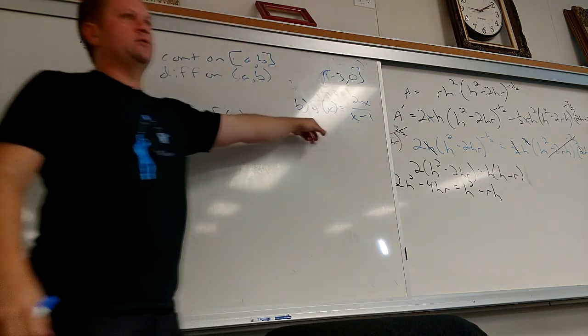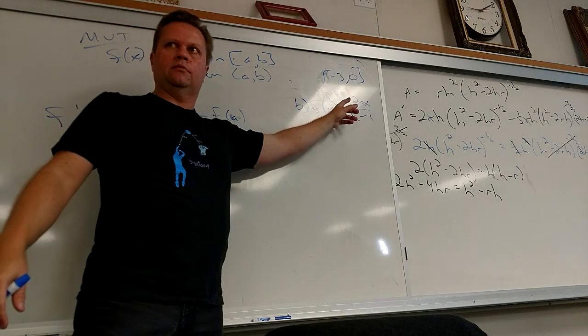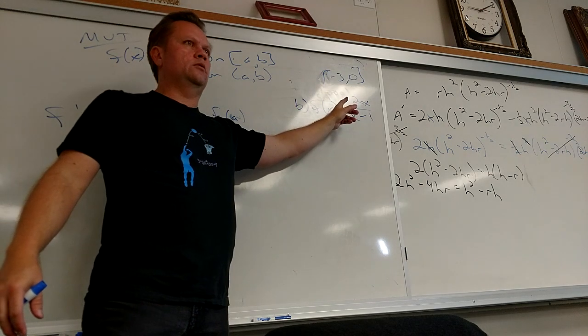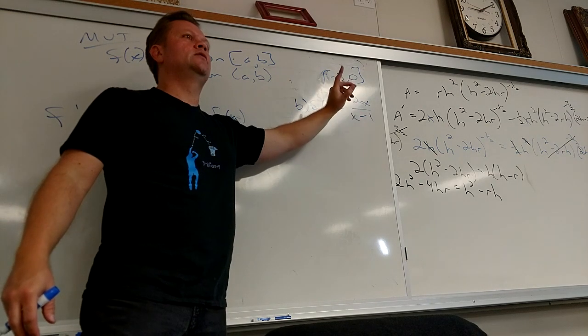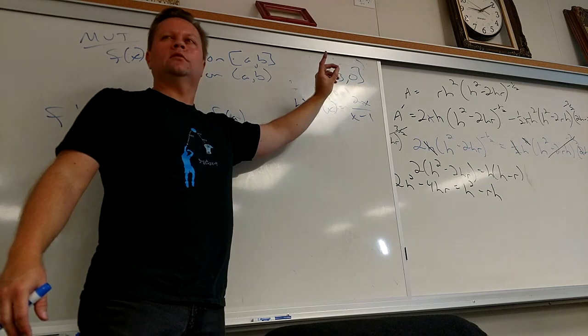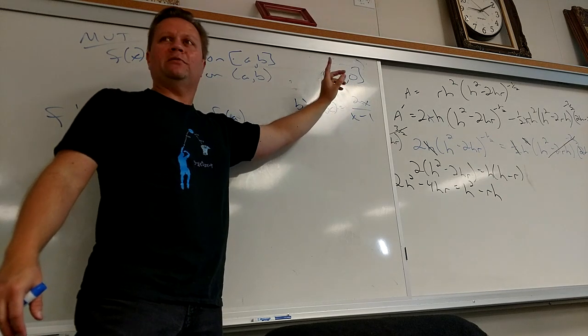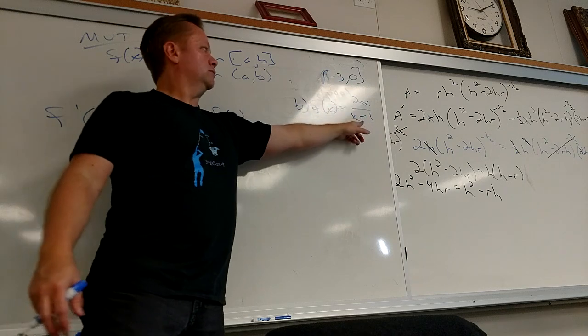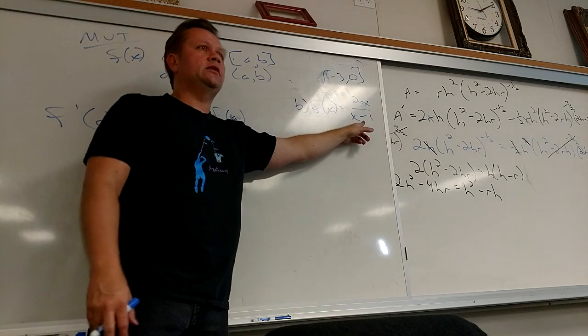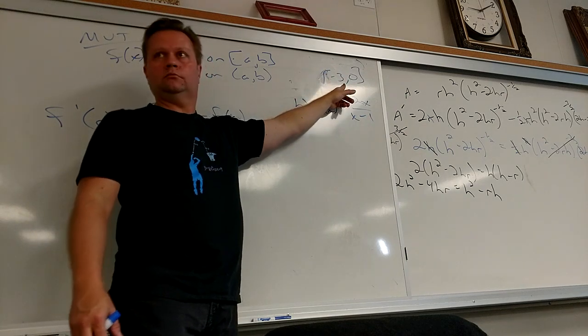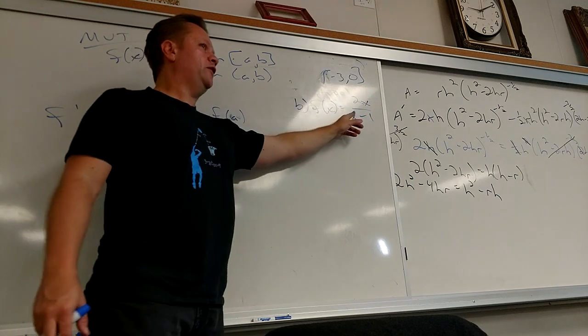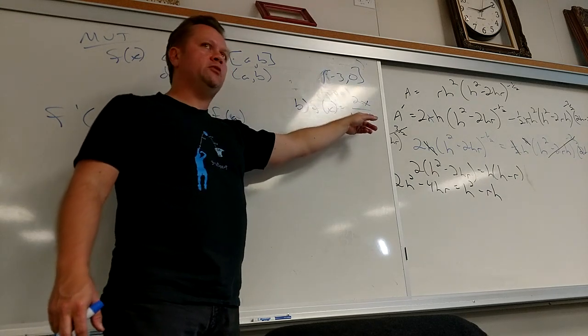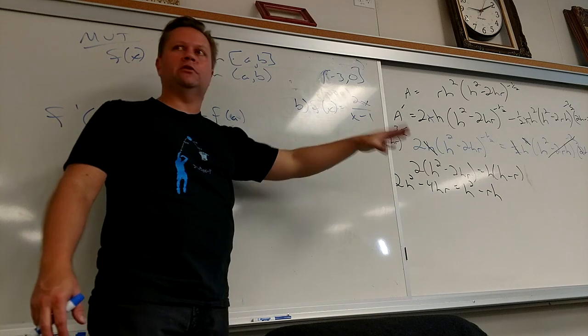Where's the only place where this guy has a problem? He has a problem at 1. That's the only place this is undefined. And is 1 in here? No. So by definition, every rational expression is differentiable and continuous on its domain.